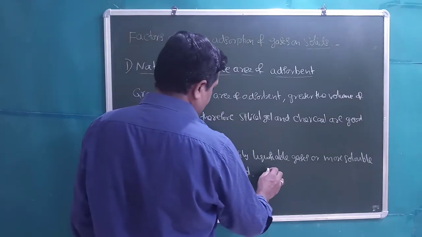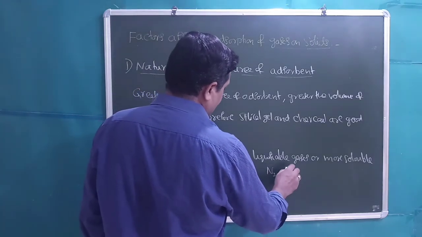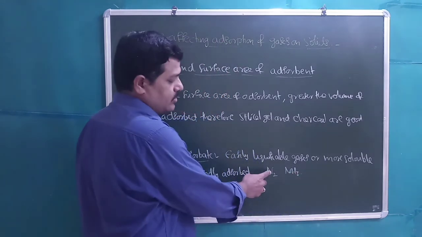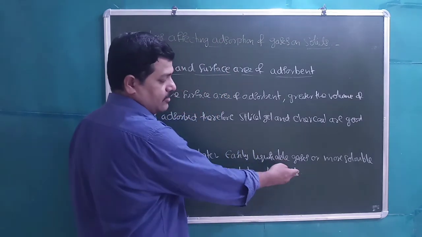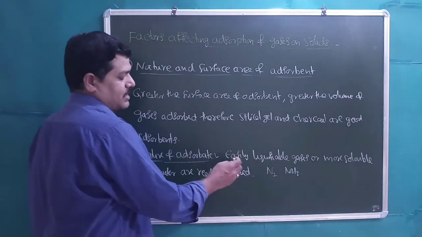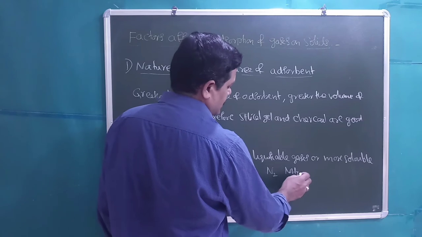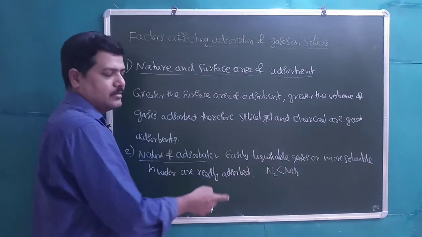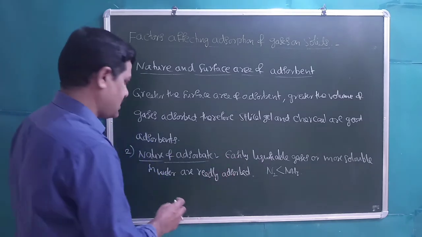For example, if you take N2 gas and ammonia gas, compared with N2 gas, NH3 is an easily liquefiable gas. So at similar conditions of temperature and pressure, the amount of adsorption in the case of ammonia is greater than the amount of adsorption of N2 gas, right?